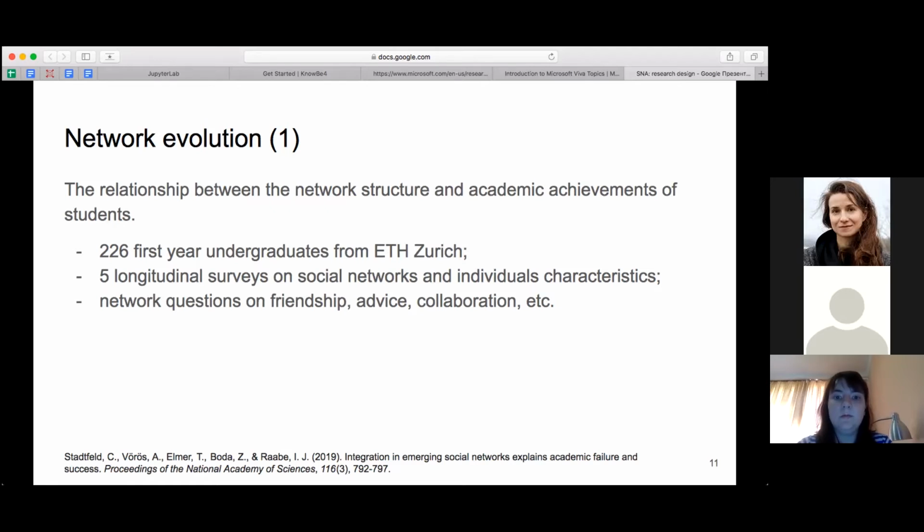Also, researchers collected information about the academic performance of the individuals, as well as some additional information during the surveys. For example, information about their well-being, their depression, and other variables.